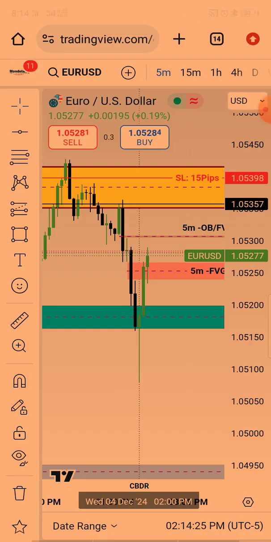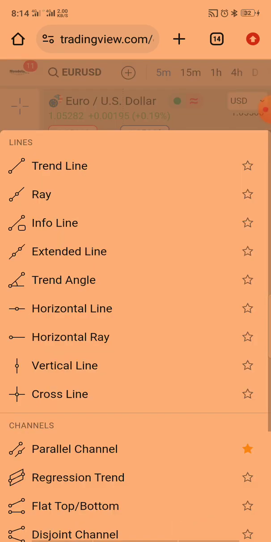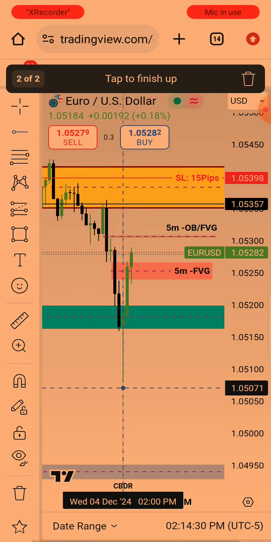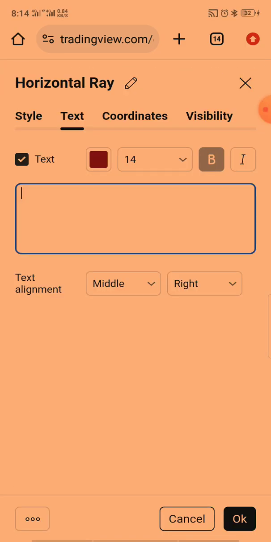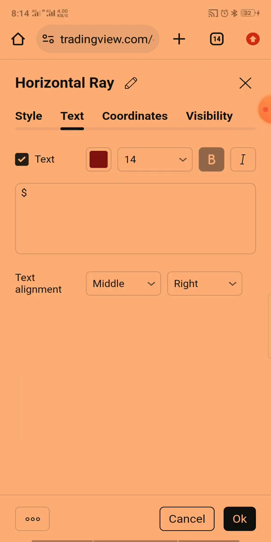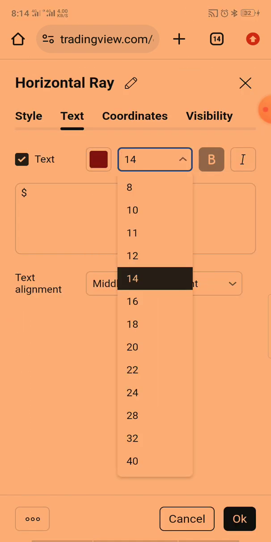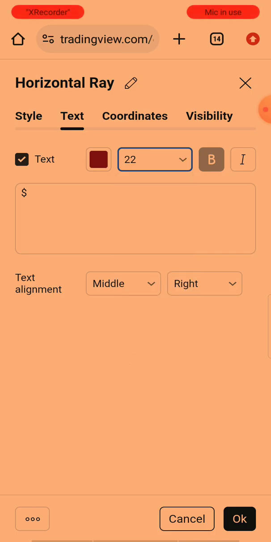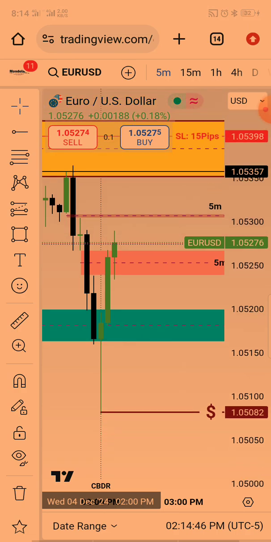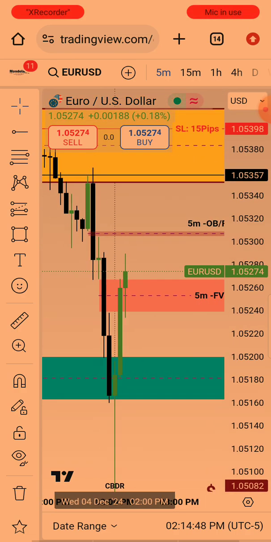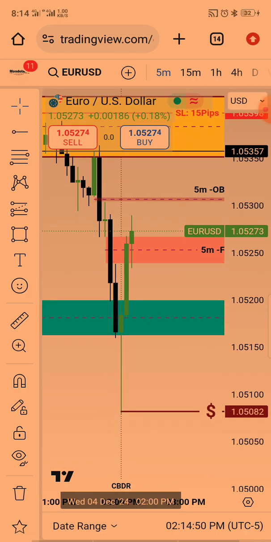Let me put a line there. This low right here. This is the first place you must run to. So as it's running down, I don't want you to respect this low.